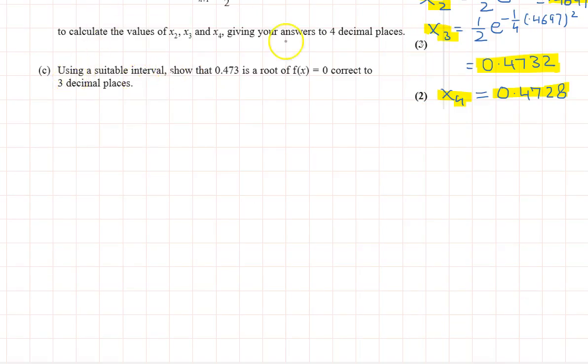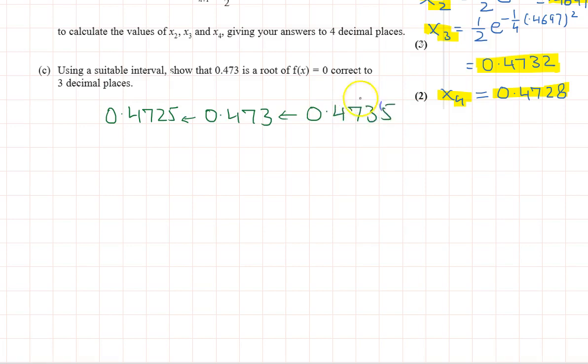Using a suitable interval, show that 0.473 is a root of f(x). So let's take it between the interval 0.4725 and 0.4735. Let's take these values of x.